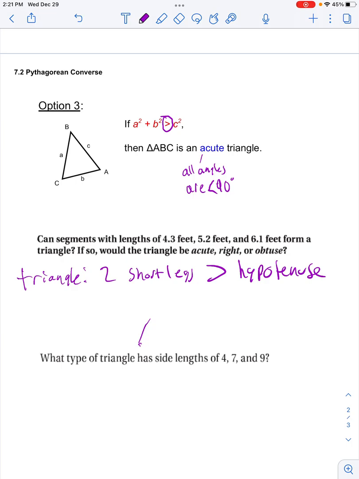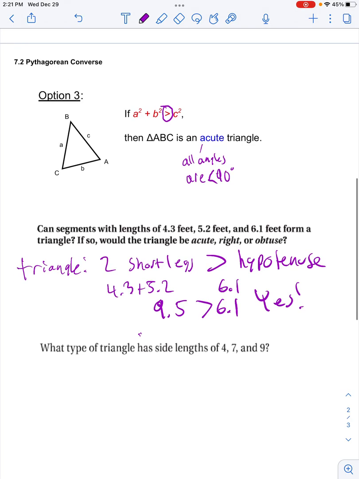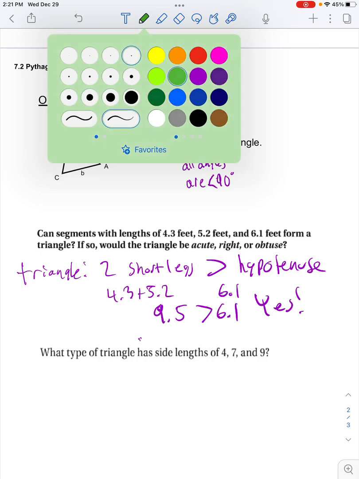And if it doesn't, I'm not going to be able to reach it. A triangle has to be a closed shape. So first step is, add up my legs, 4.3 plus 5.2, and then my hypotenuse is 6.1. So this is going to be 9.5. Yes, that's true. So that's my first step, and now I need to do the extra work.